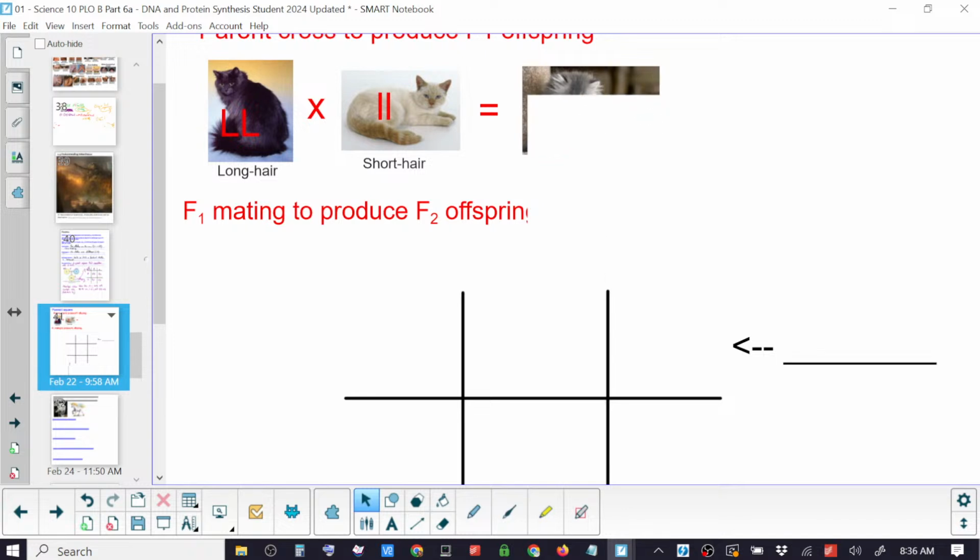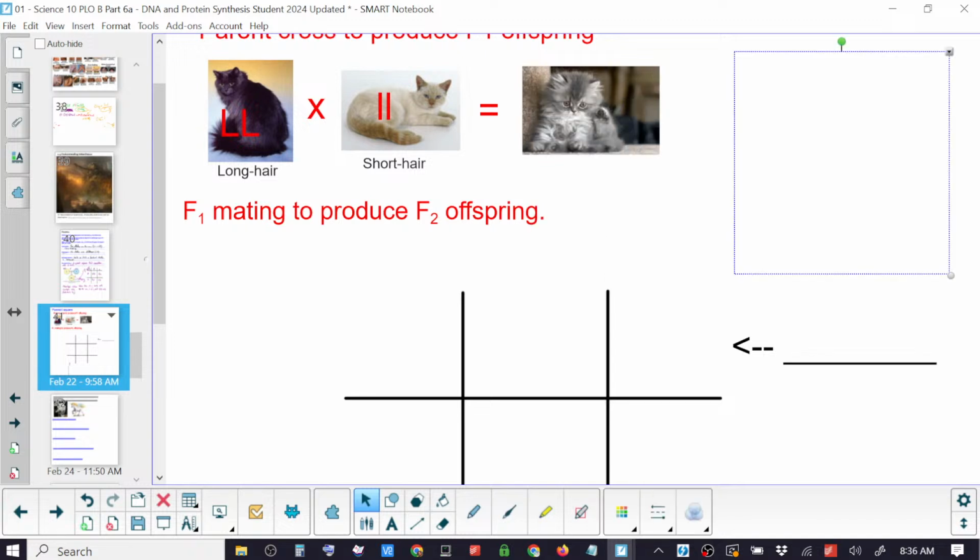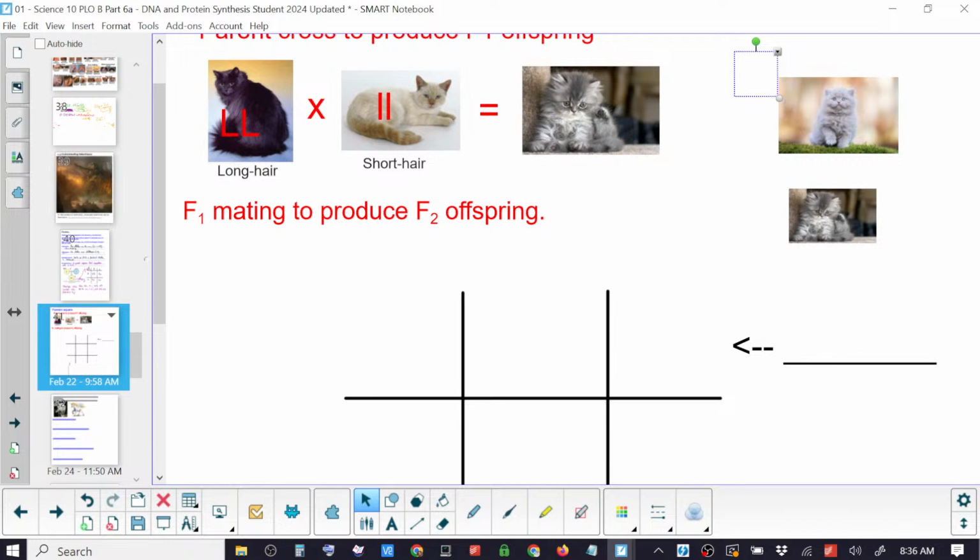There we go. Fill in the genotype. Fill in the phenotypes. You'll have to write them out with words.